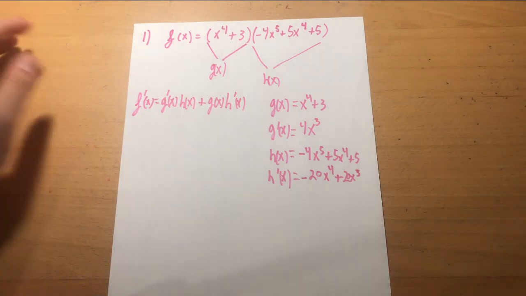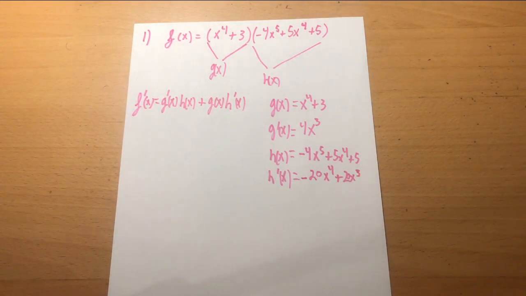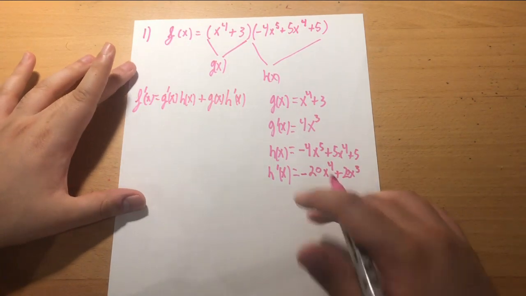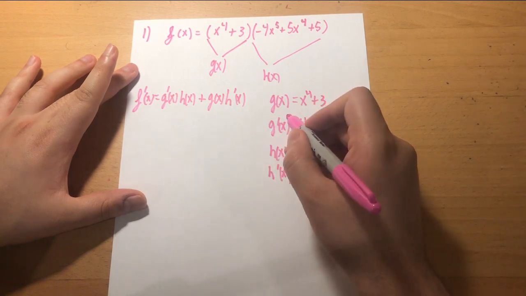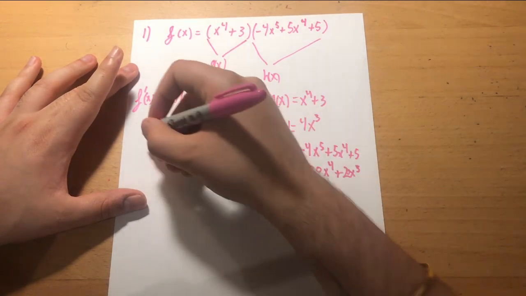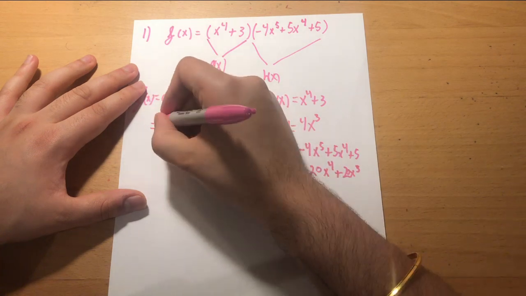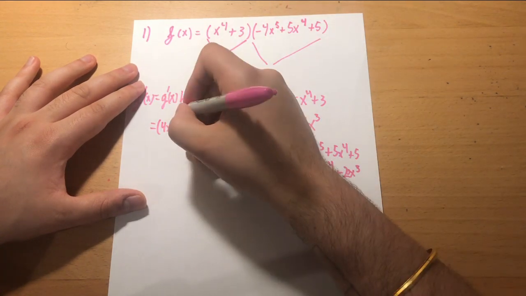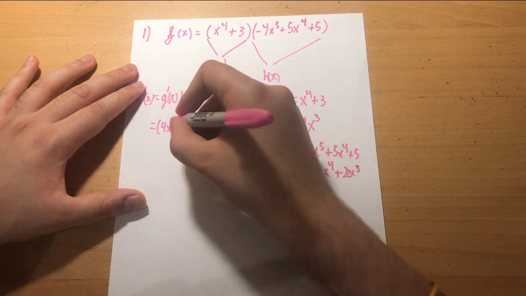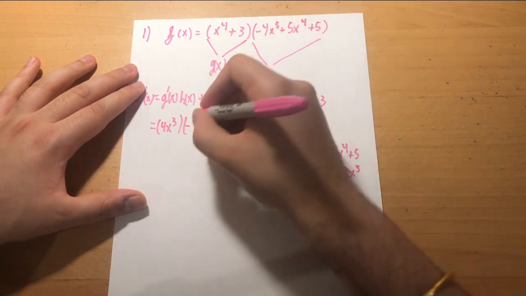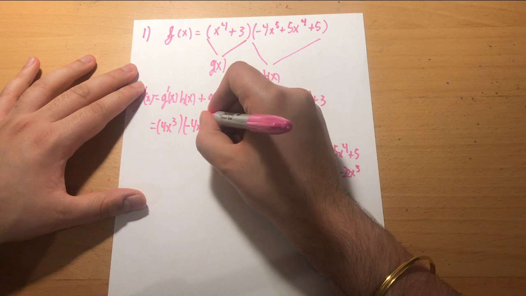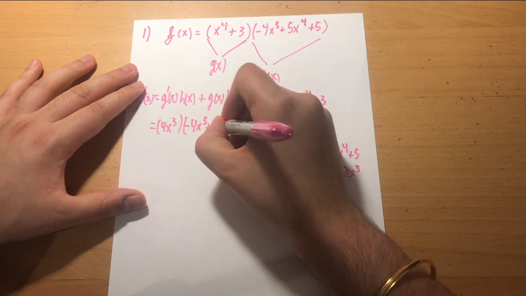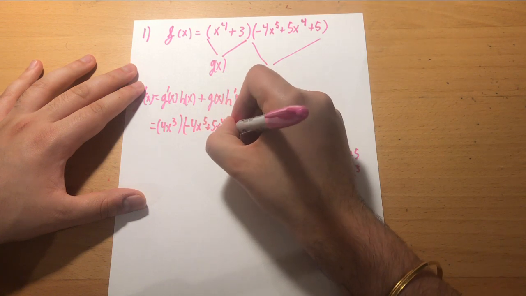And then you just fill in the gaps, right? g prime of x, sorry, is just 4x to the third. The original h of x function I have right there, negative 4x to the fifth plus 5x to the fourth plus 5.